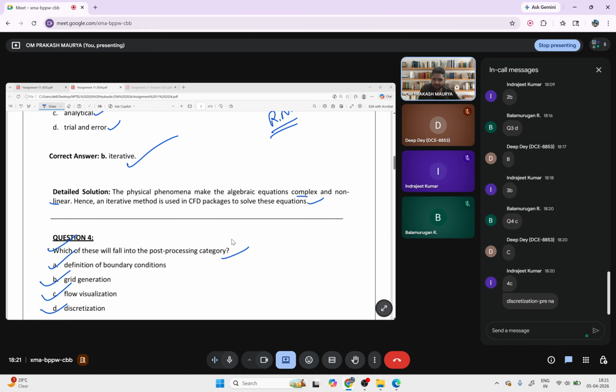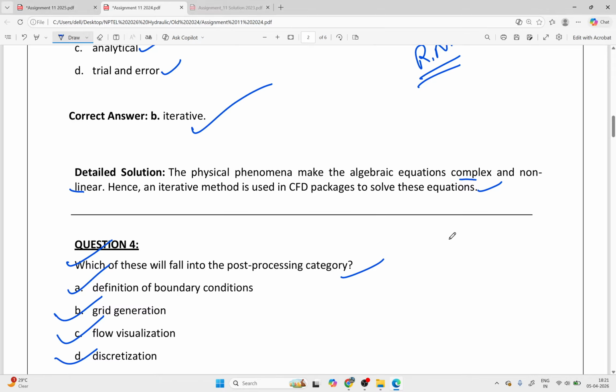Okay, so you are asking about discretization. Yes, definitely, discretization is pre-processing. You have the pre-processing, you have the post-processing, and you have the simulation in between. In pre-processing, you need to define your geometry, define your domain, discretize, apply boundary conditions, initial conditions, everything.